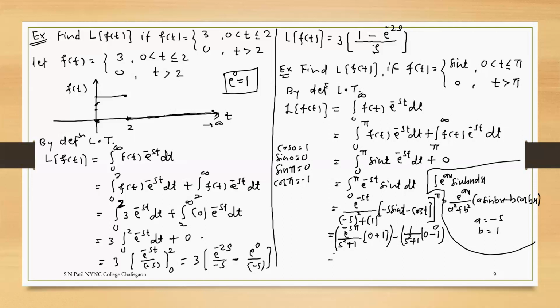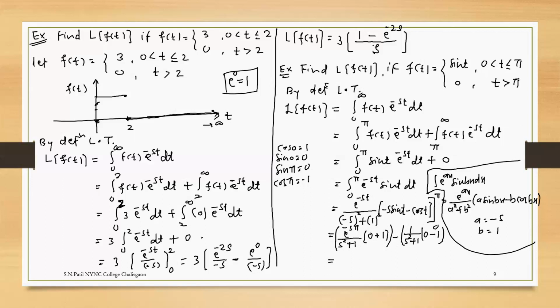Now the last step. Here e raised to minus s pi upon s square plus 1 is multiplied by the first term, which is 0, and by the second term, which is 1. Similarly, minus 1 upon s square plus 1 is multiplied by the first term, 0, and by the second term, minus minus plus, that is plus 1.